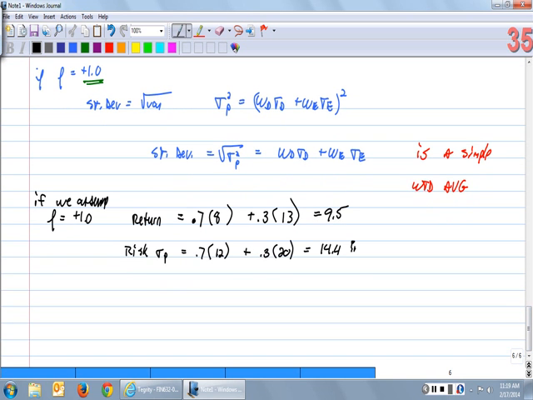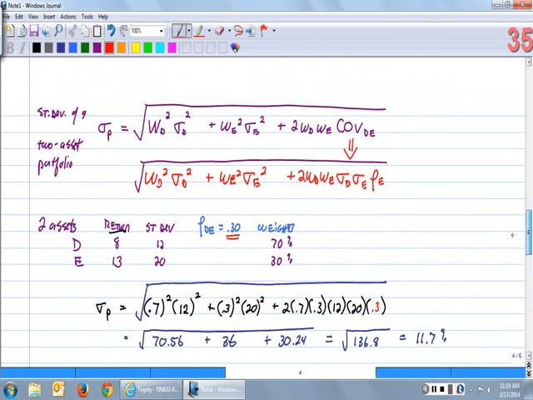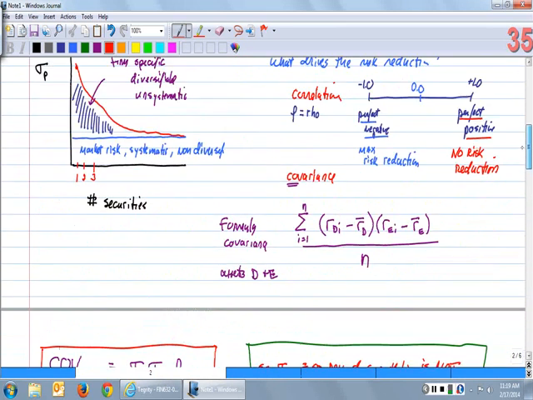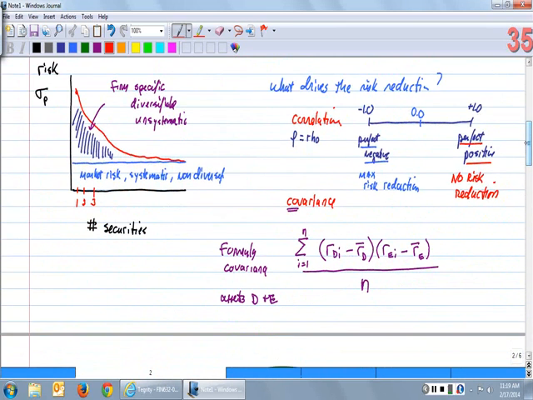So, a lot of things going on here, okay? We've said a few things. Let me go back. I want you to look at when we first talked about correlation, and I need you to grasp this and remember it. Look up here at our correlation line. I said correlation ranges from -1 to +1. I said we get maximum risk reduction when the correlation between our assets is perfect negative.